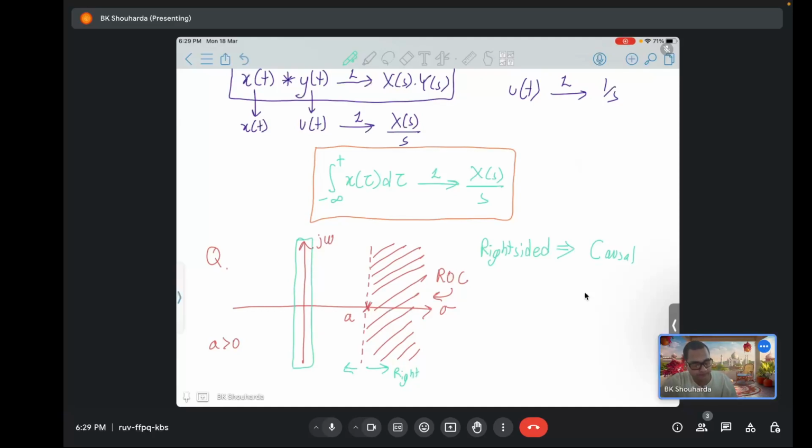No, it does not intersect the j omega axis, and this implies that it is causal and unstable. It's causal because it's a right sided ROC, and it's unstable because it does not include the j omega axis. We discussed that in the previous class as well.